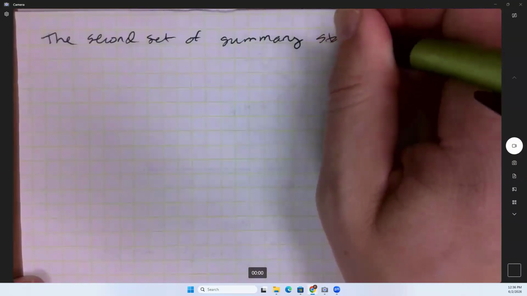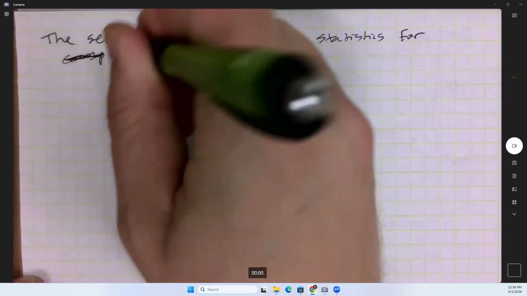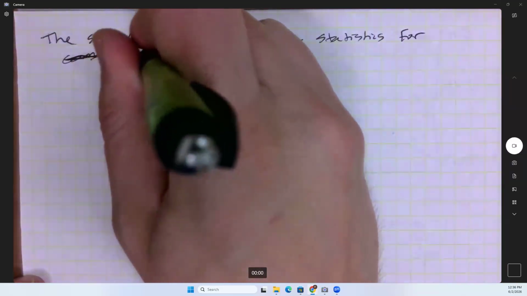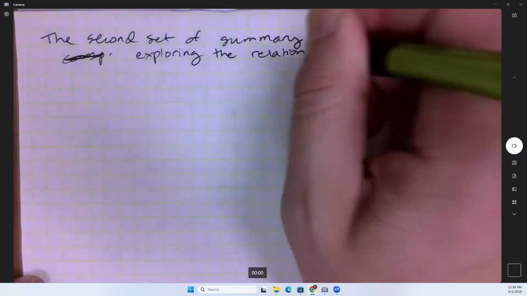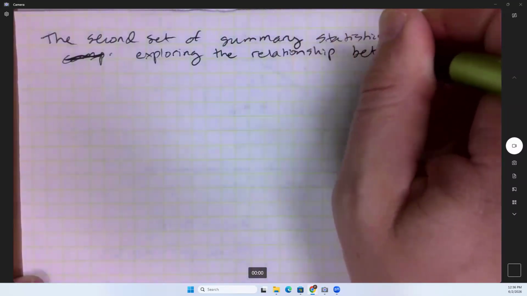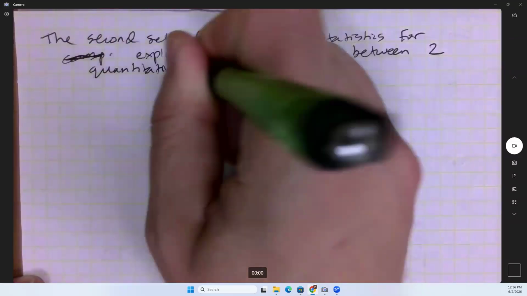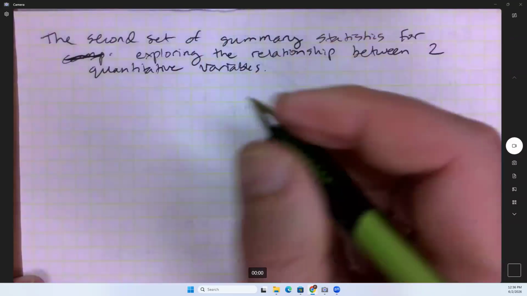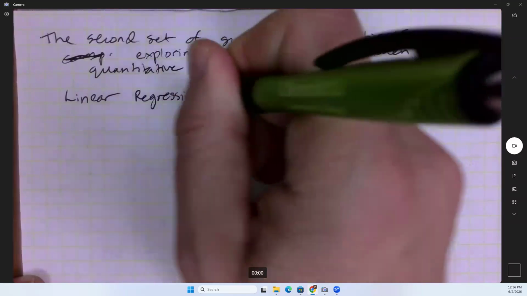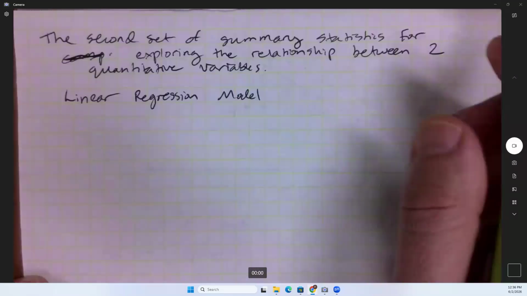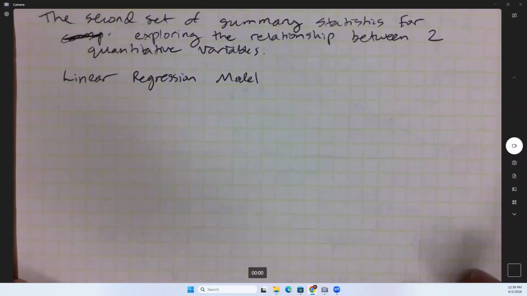The second set of summary statistics for exploring the relationship or association or correlation between two quantitative variables is called a linear regression, sometimes called a linear regression model or a simple linear regression, lots of different words that statisticians have used for this idea.